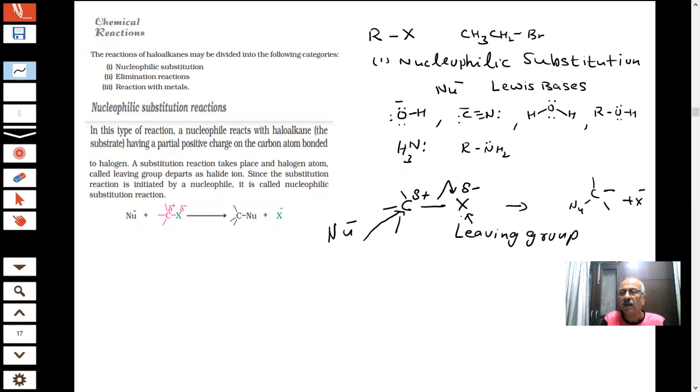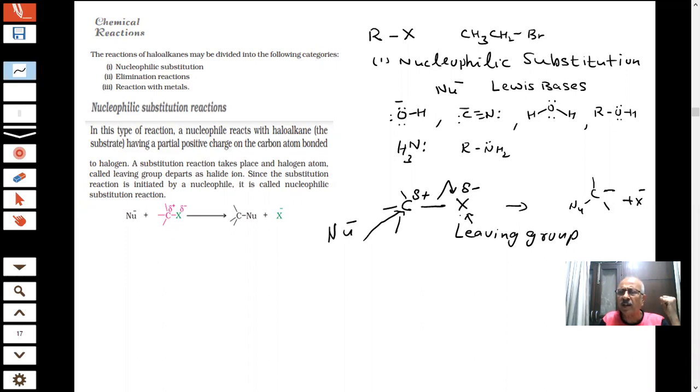This is the most important part of the haloalkanes, because there can be large numbers of nucleophiles. We will give you a list of those nucleophiles. So the result of these will be that this will leave and this will result in the formation of a large number of compounds.